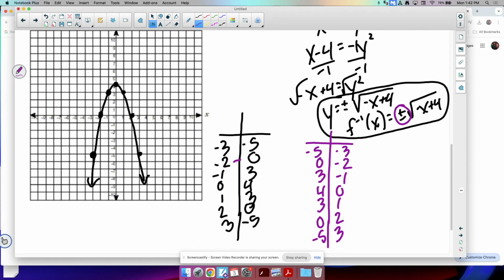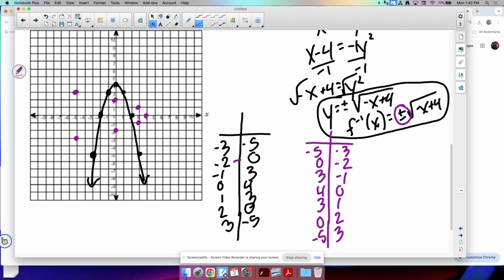So -5, -3, left 5, down 3. 0, -2, 3, -1, 4, 0. 3, +1, 0, +2, -5, +3. So all we did is switch the x and the y in that table.